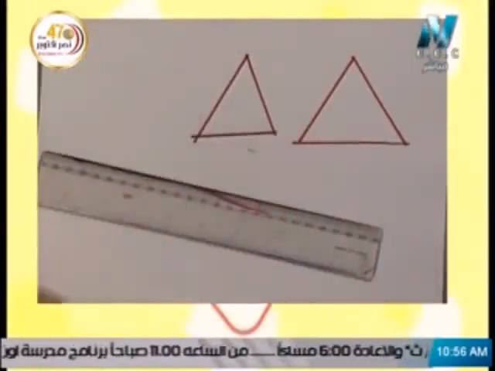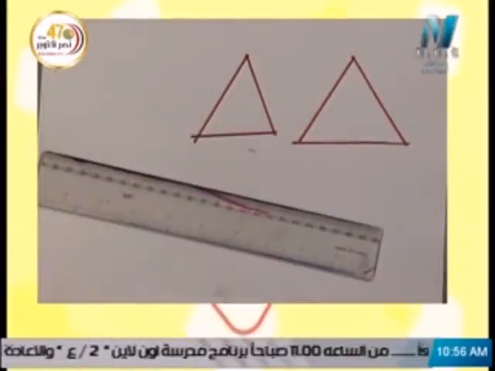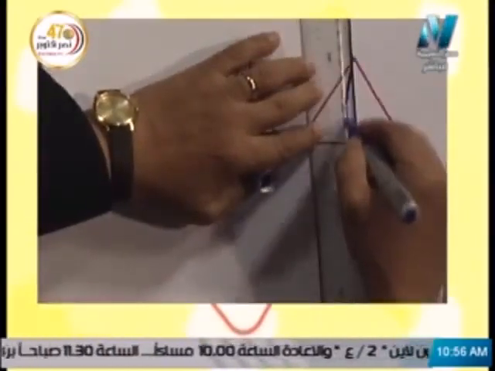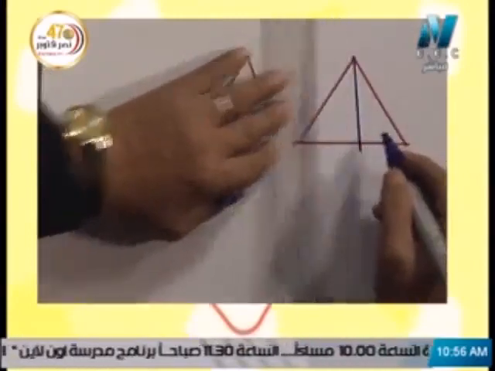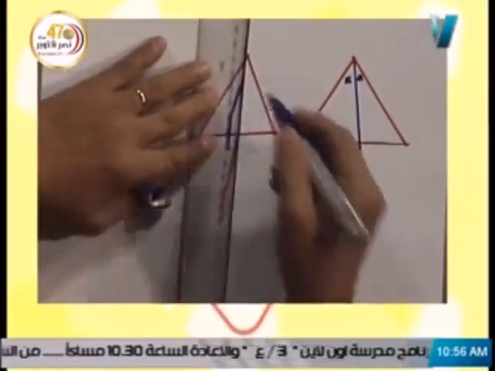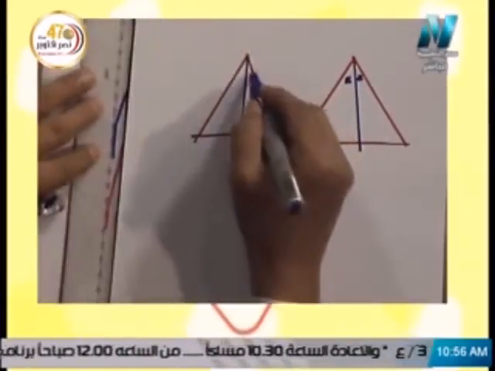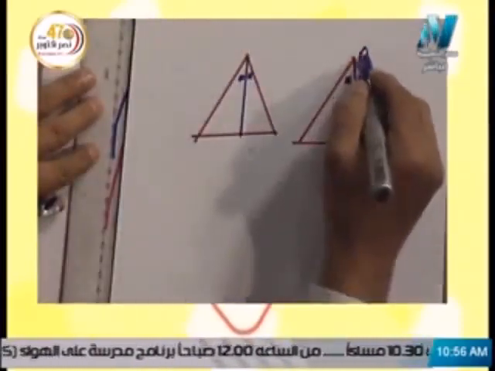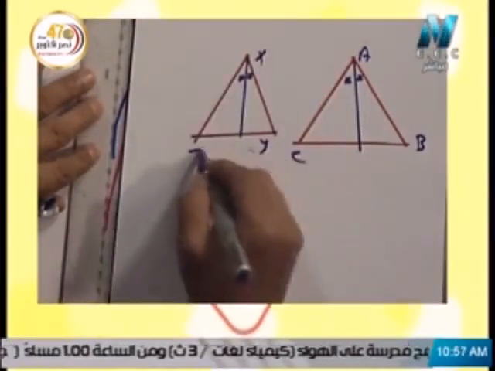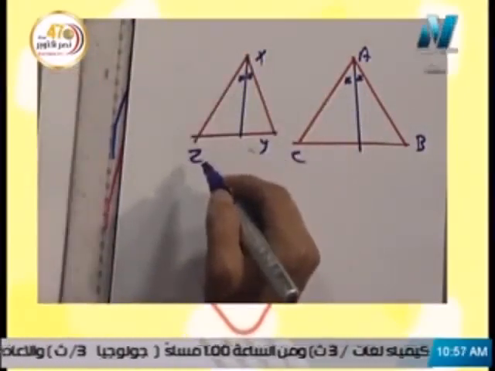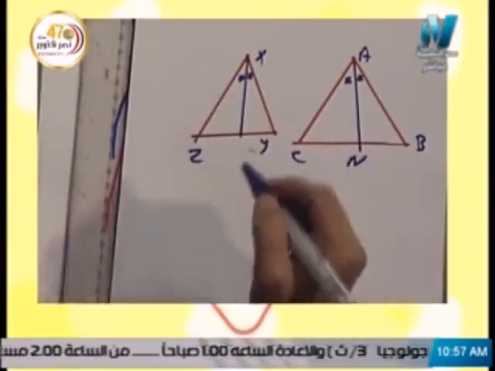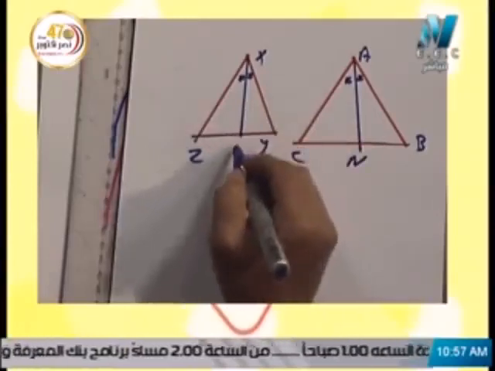Now we will talk about the bisector of an angle. So if we have this line segment that bisects the angle, and we have another one to bisect this angle. We call ABC this triangle, XYZ this triangle, and we have here AN and DZ or XZ.